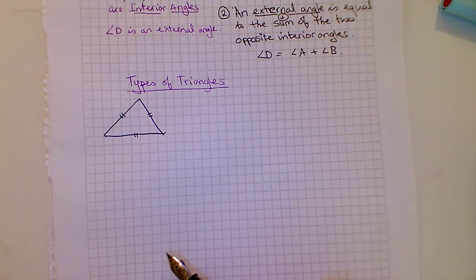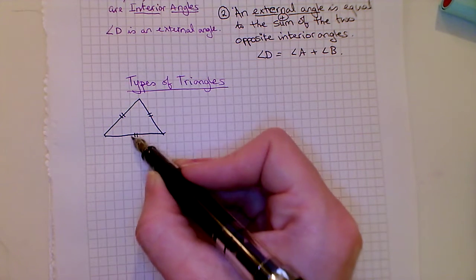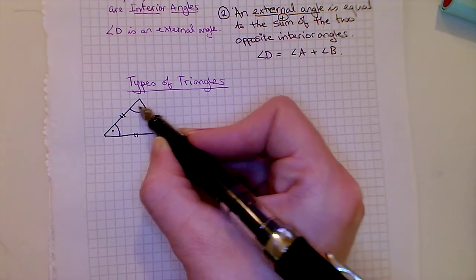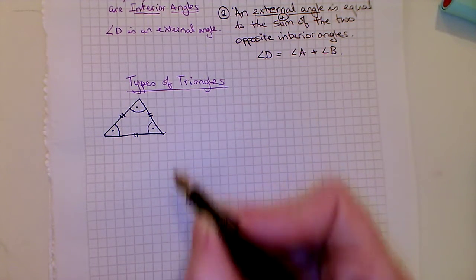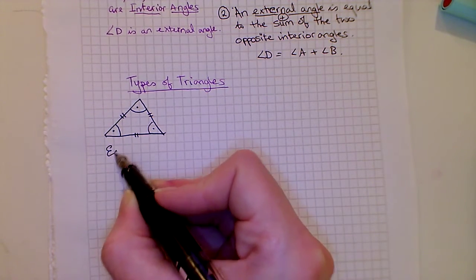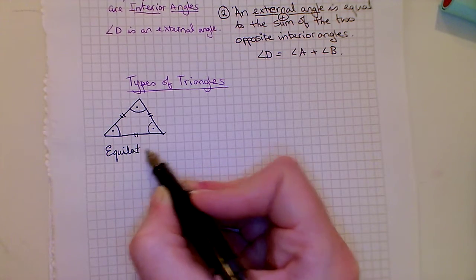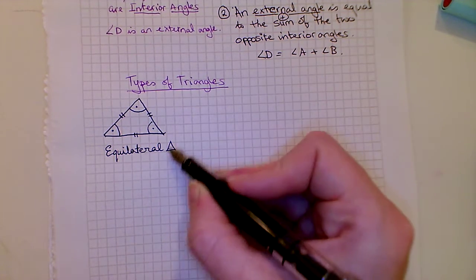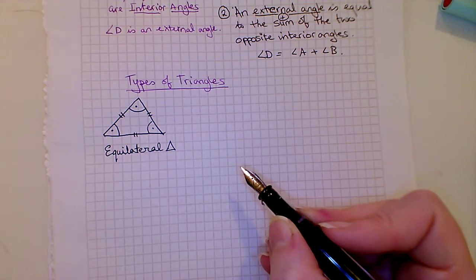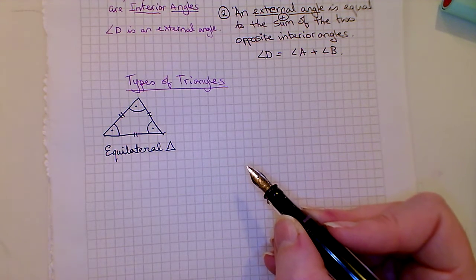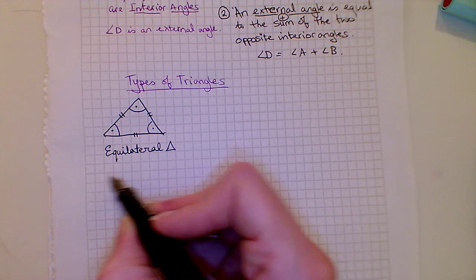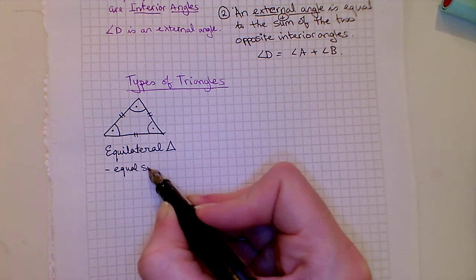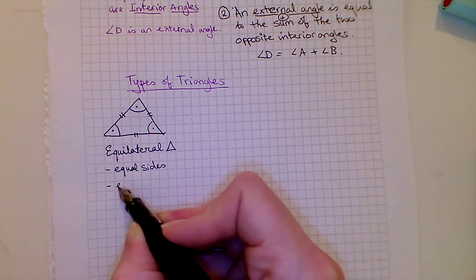But I'm indicating that they are all the same by using these little dashes. When the sides are equal, the angles are also equal, and we call this an equilateral triangle. In maths, it's fine to draw the shape of a triangle rather than writing the word. It's completely acceptable. So an equilateral triangle has equal sides and equal angles.